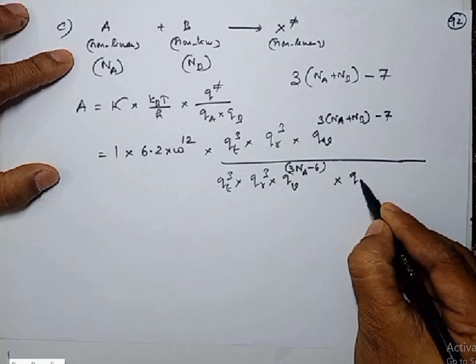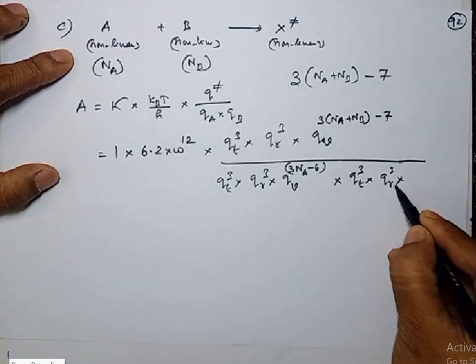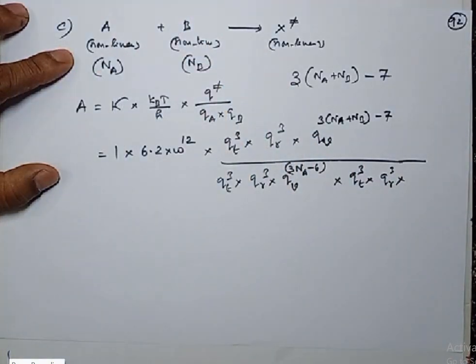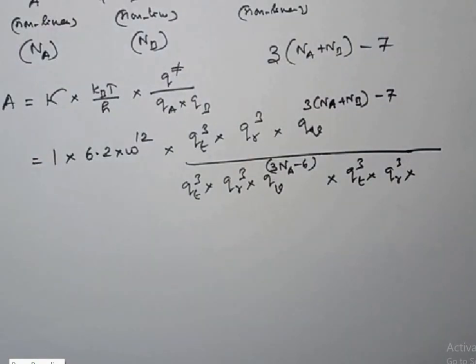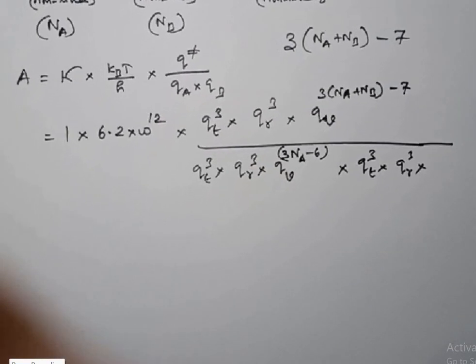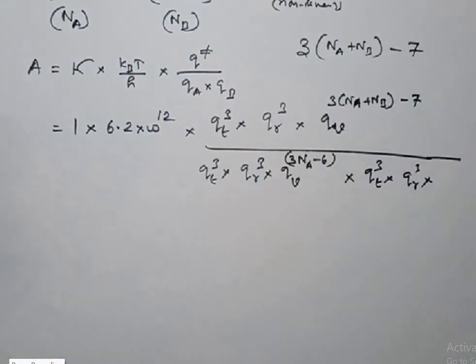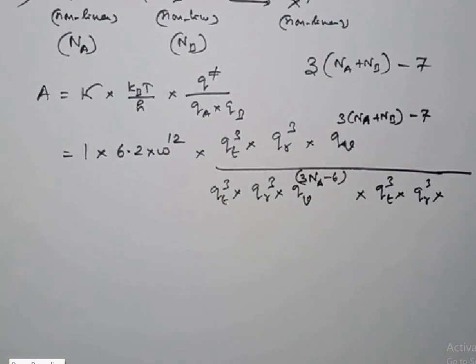B molecule also has 3 translation, it is a non-linear molecule, so there are 3 rotation, and B is also a normal molecule. For a normal molecule, is this visible?